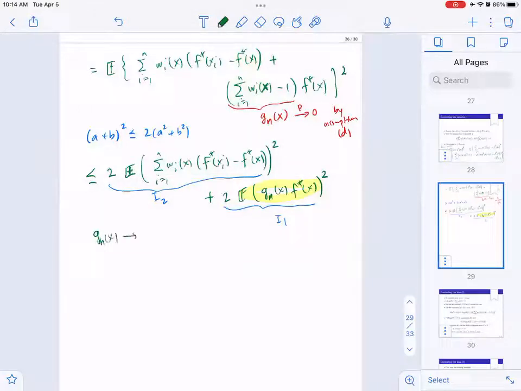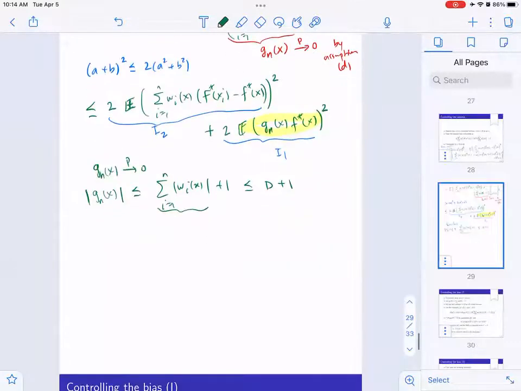So I note that G_n(x) converges in probability to 0, and I also have a bound. This guy is bounded by the summation of W_i(x), i from 1 to n, plus 1, and by assumption this is bounded by D. So this function, if you look at it, squared is bounded by (D plus 1) squared times f*(x) squared.